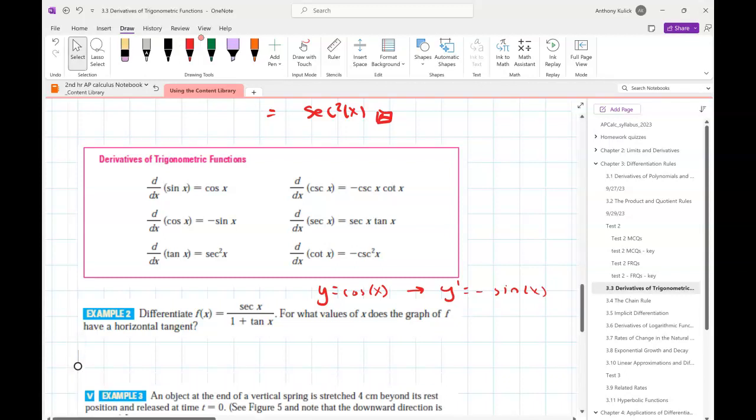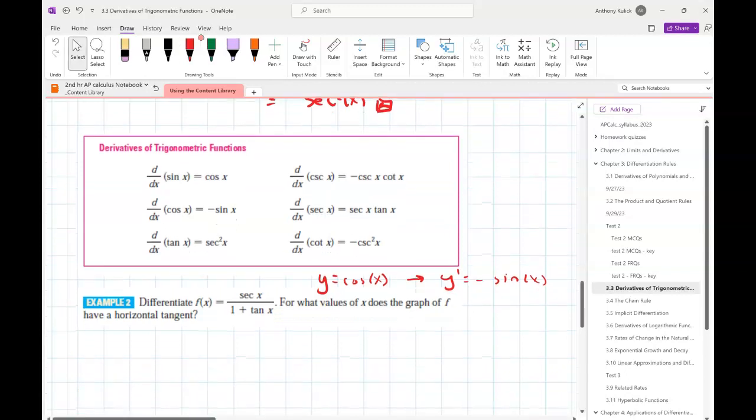All right, let's do another example. It says, for what values of x does f have a horizontal tangent when f of x is secant x over 1 plus tangent x?